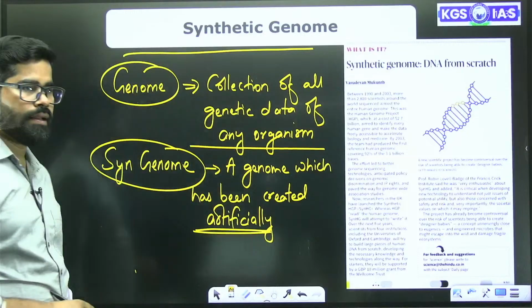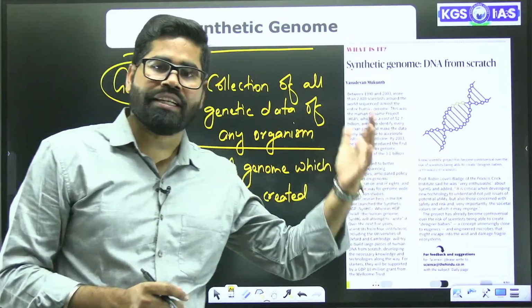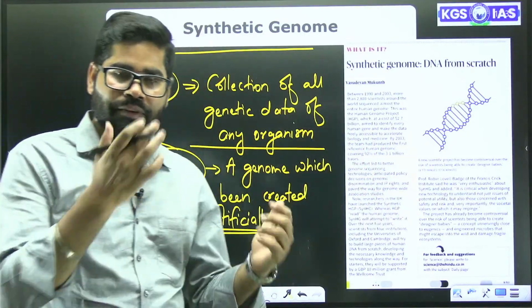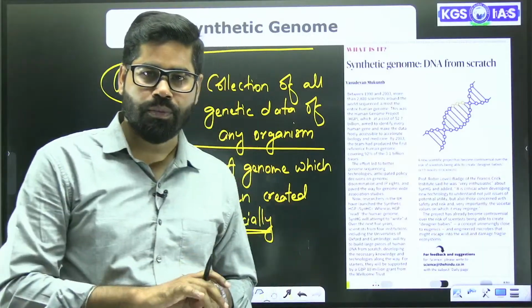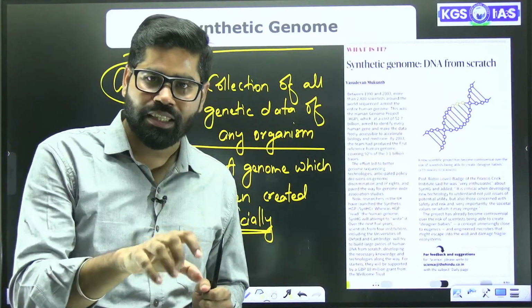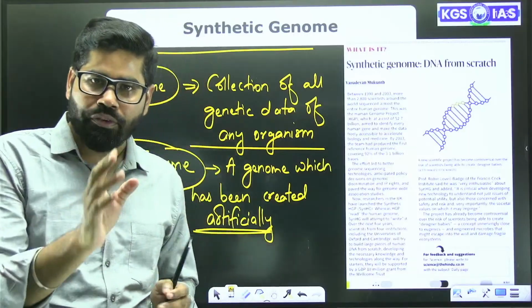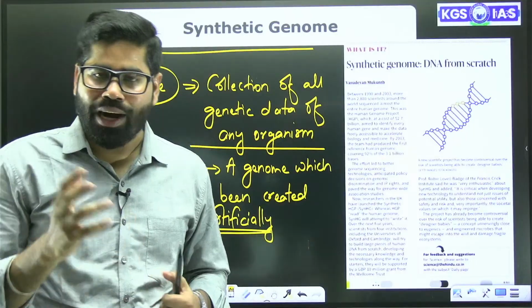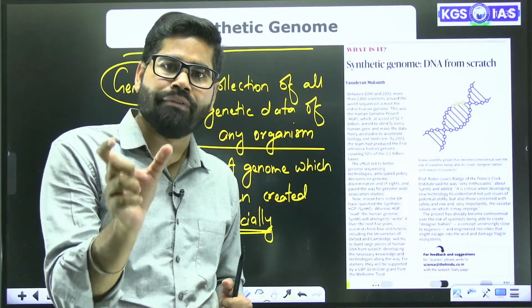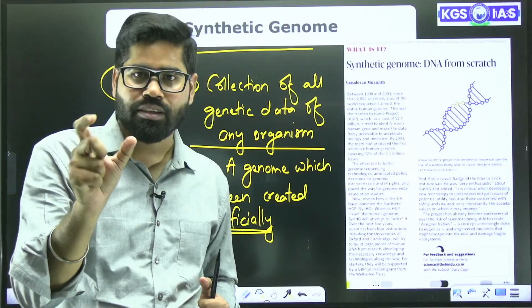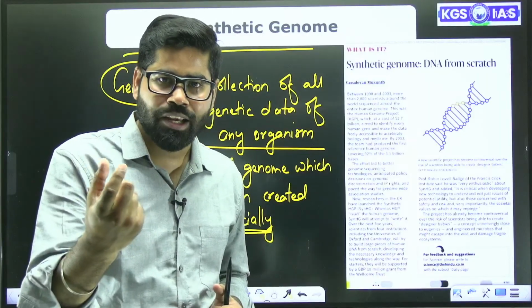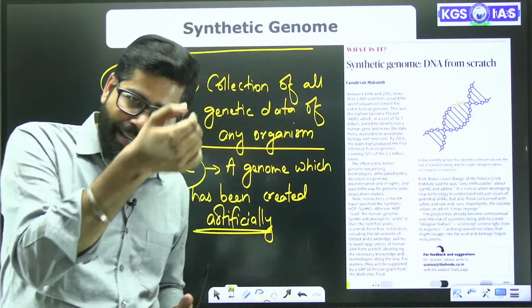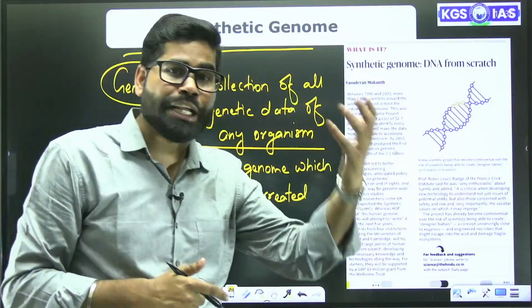Till now we were having different genome projects, like the Genome India project. In the Genome India project, we studied the genome of 10,000 Indians in our country. Under this genome project, we were having the read type project, where the genome exists naturally and we are trying to decode it.